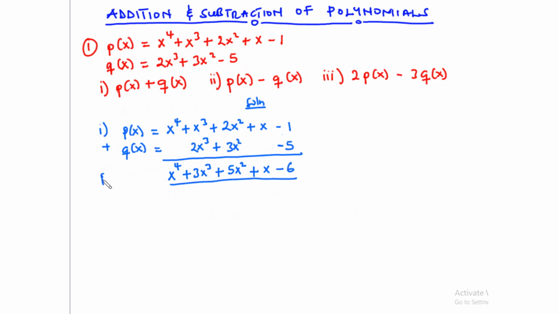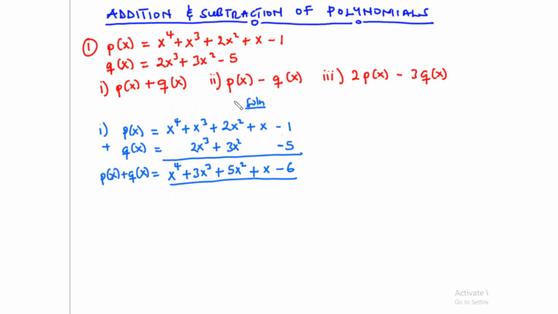So we have p of x plus q of x to be x exponent 4 plus 3x cubed plus 5x squared plus x minus 6. So this is how to add two polynomials.